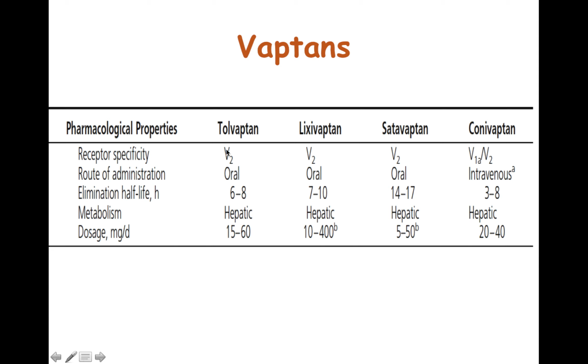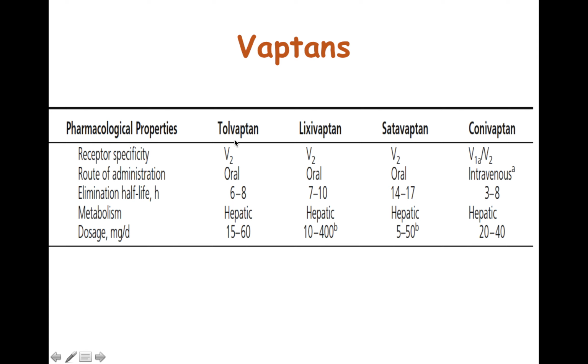Now there are many Vaptans in the market, but I want all of you to concentrate on tolvaptan, which is a selective V2 receptor antagonist. On the other hand, intravenous conivaptan was the one which was first available in the market. It is intravenous, and in the US, tolvaptan and conivaptan are available.